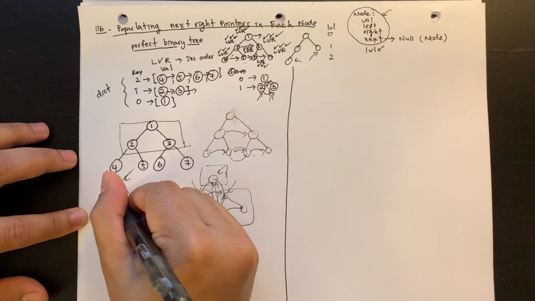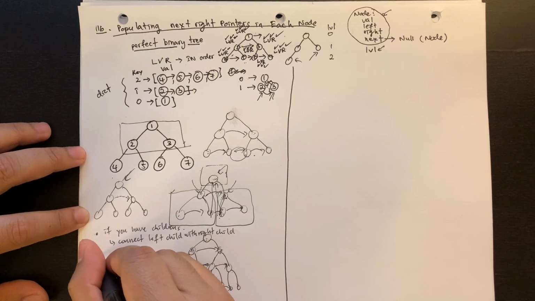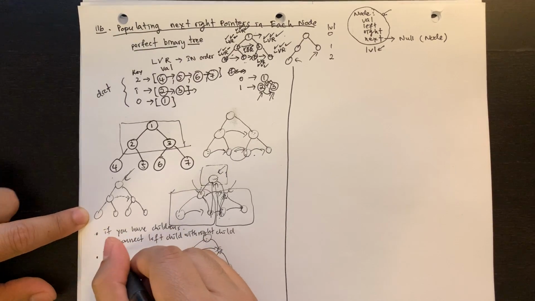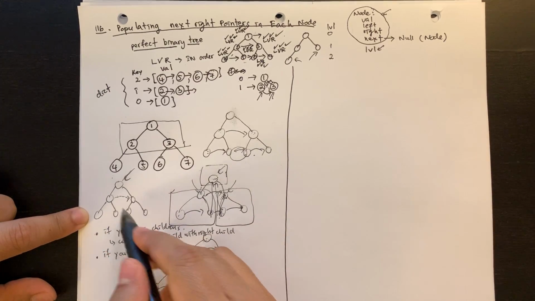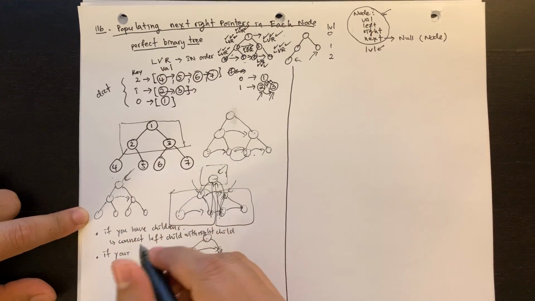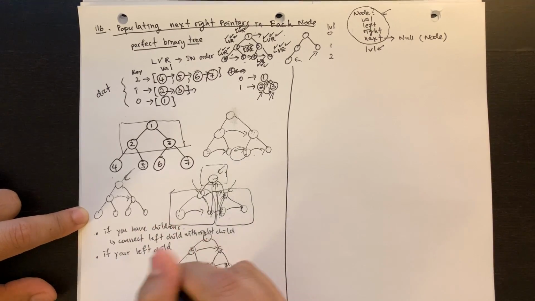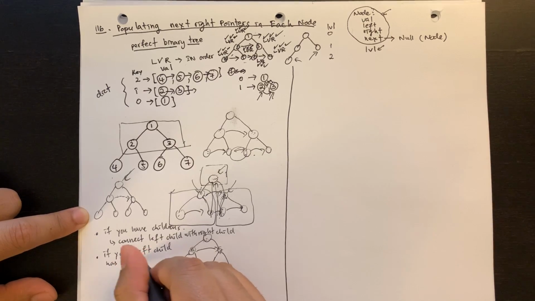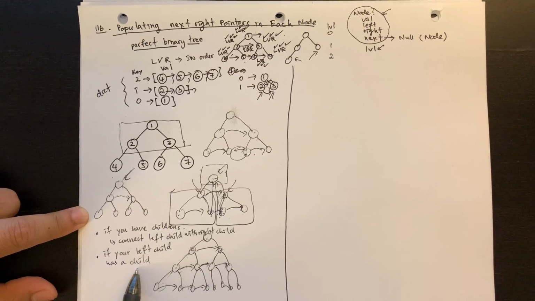Okay, that's one thing. You're supposed to do this connection, and then if your left child has a child, if it has a child, it must have two children.